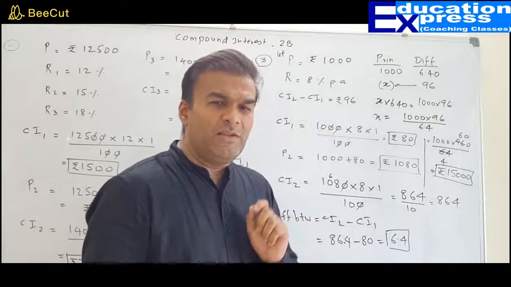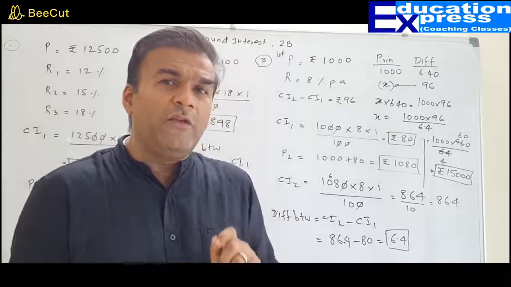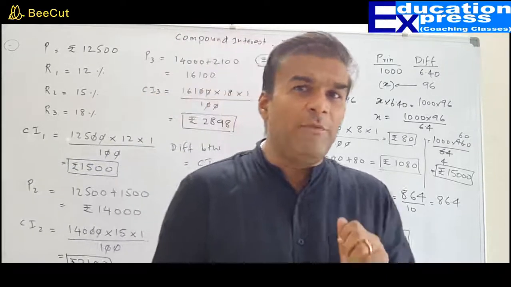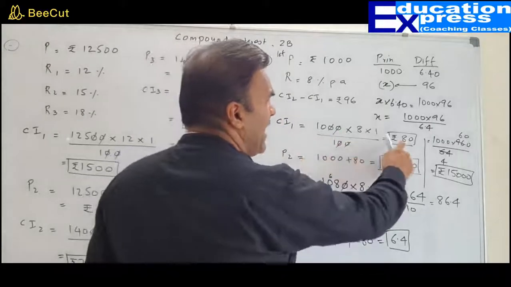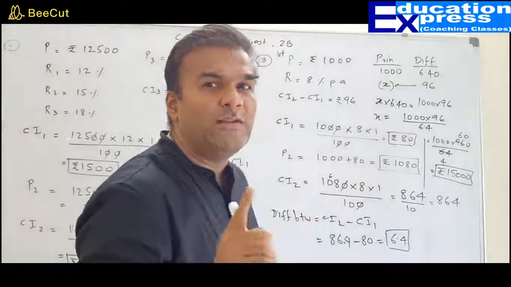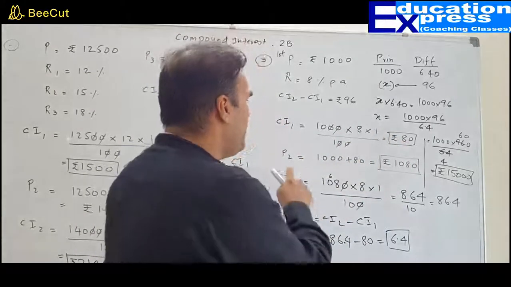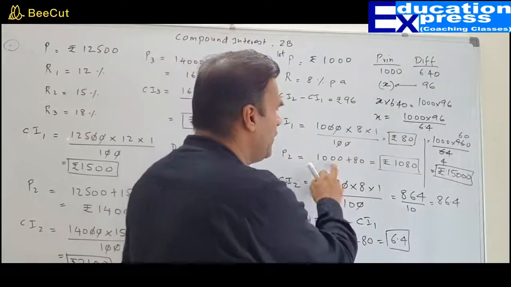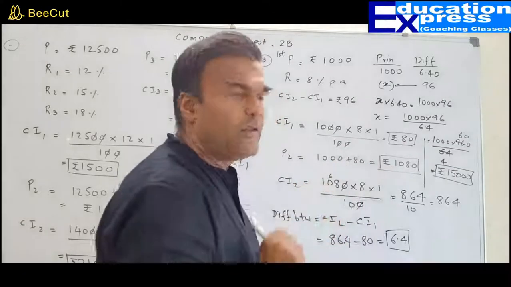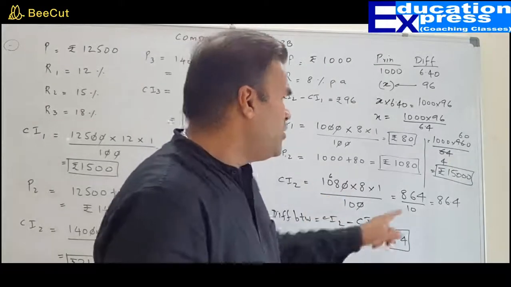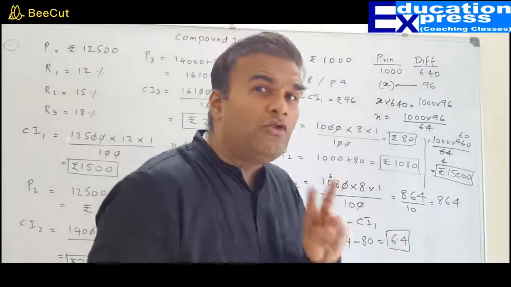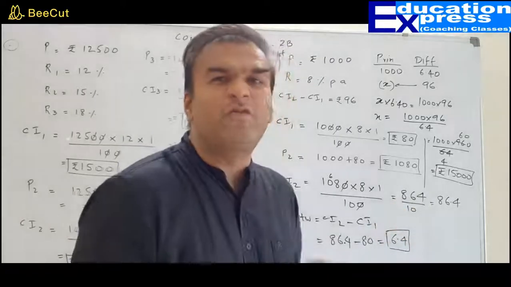Just assume that if you had not taken 1000 and had taken 100 rupees, then 100 multiplied by this, your interest would have been 8 rupees. Then if you find the second principal, 100 plus 8 is 108. Then if you take 8% on 108, your interest would have run into 2 decimals, 8.64.